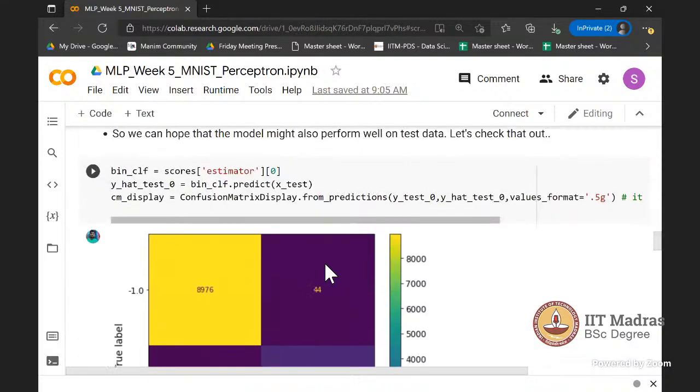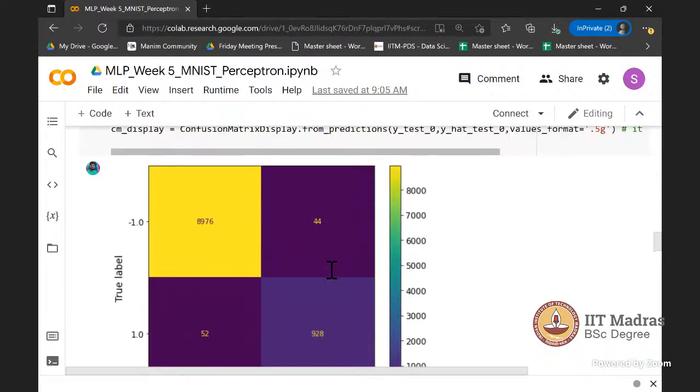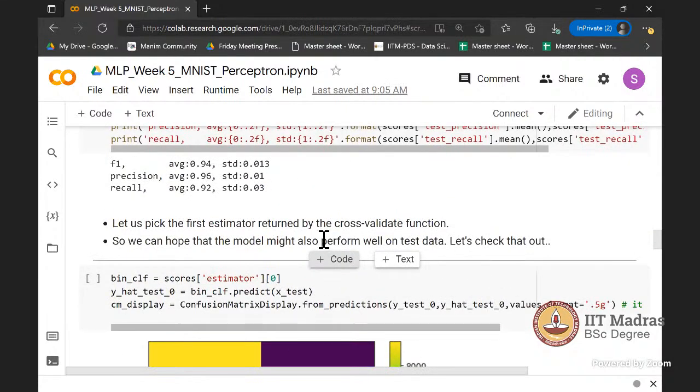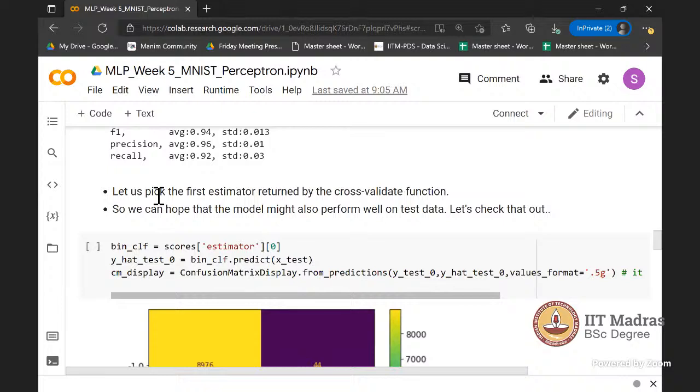Then comes our, okay, give me one moment. Okay, so these are the results on test data by the first estimator that we get from cross-validation testing.